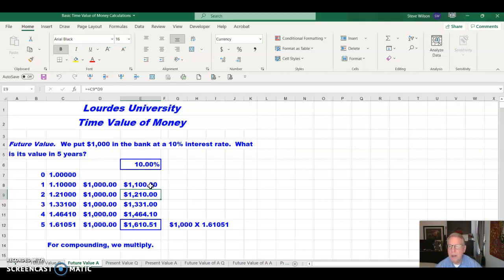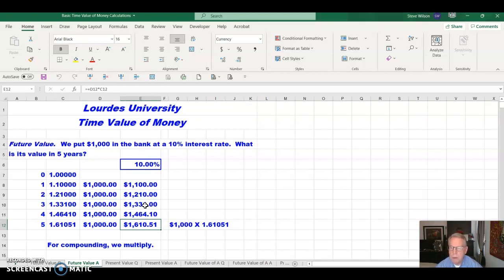That's because the $100 in year 1 that we earned as interest is also earning interest. So there's where we get the compounding. This factor is a compounding factor, and to calculate these numbers, we multiply the original $1,000 times the factor.